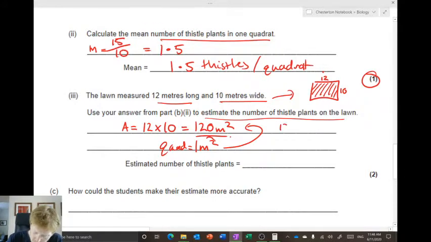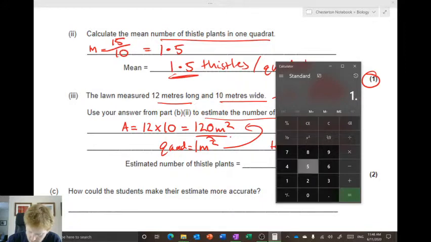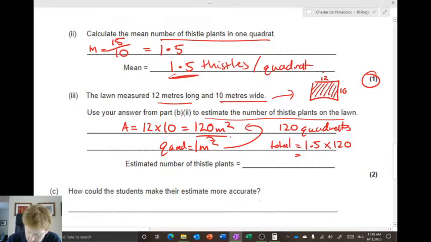So 120 quadrats would fit in this field. How many thistles were there per quadrat? There was 1.5. So the total is going to equal 1.5 thistles multiplied by the 120 quadrats that would fit. So you go 1.5 times 120 and you get 180. So there would be an estimated 180 thistles just there.